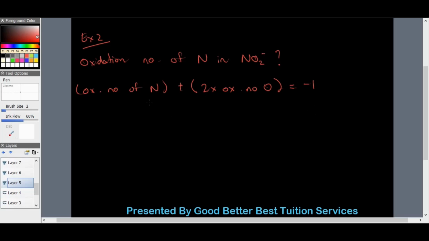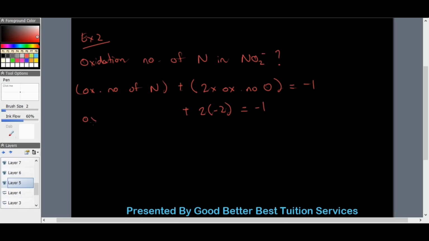We can handle this one because we know that there are 2 oxygens here, and we know the oxidation number of oxygen in a compound is always minus 2. So plus 2 times minus 2 must equal negative 1.